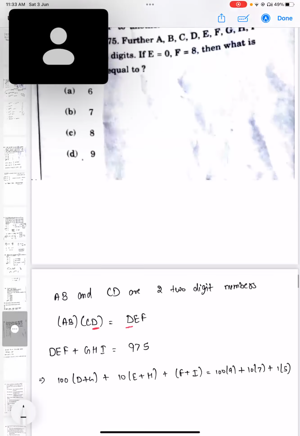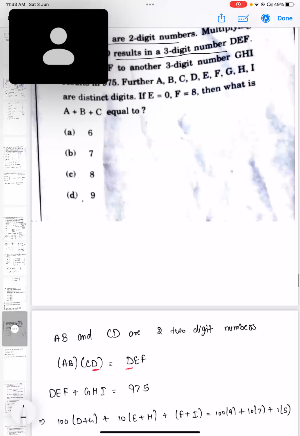Now, it is also given that all of these digits A, B, C, D, E, F, G, H, I, all of these 9 digits are different. Fine. And E is equal to 0 and F is equal to 8.